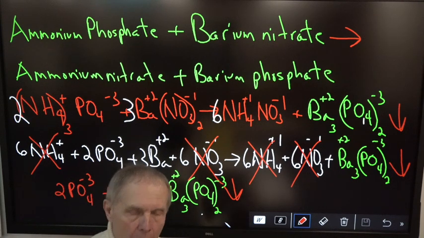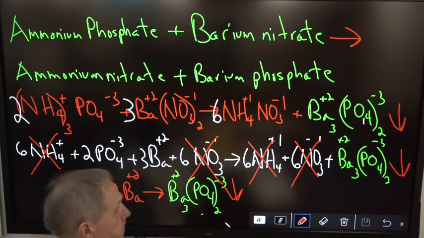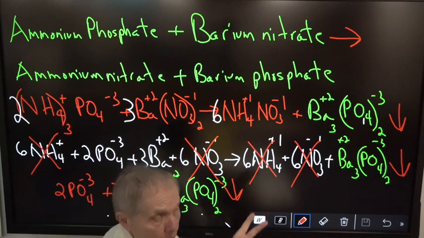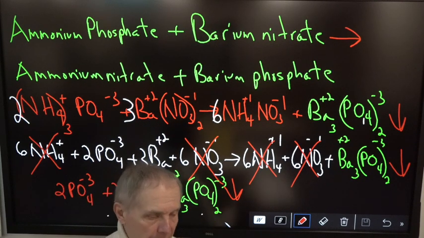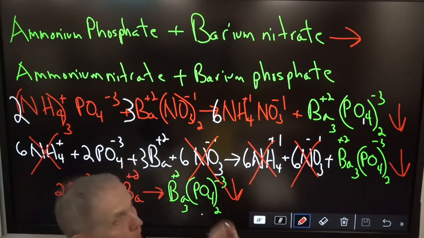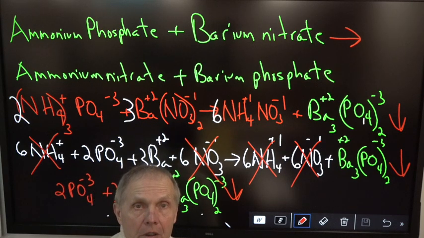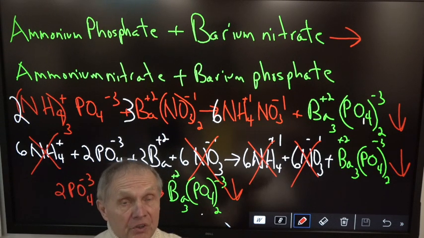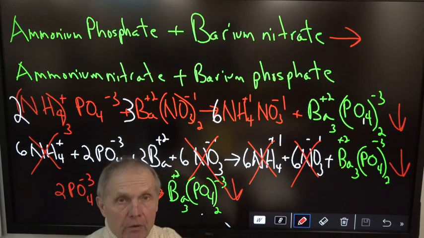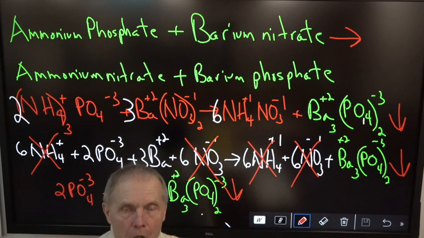So you got to go all the way through and figure it out. So we've gone through 2 double replacements that have precipitated out. Well, what if the 2 products are totally soluble? Well, that means there's no reaction. When you pour the 2 liquids together, nothing happens. There's no reaction if the 2 products are soluble.